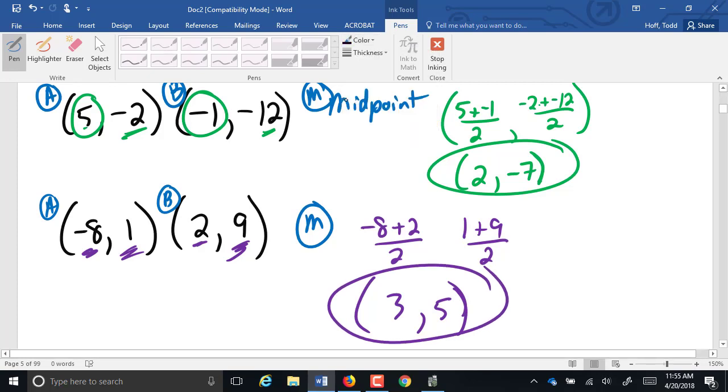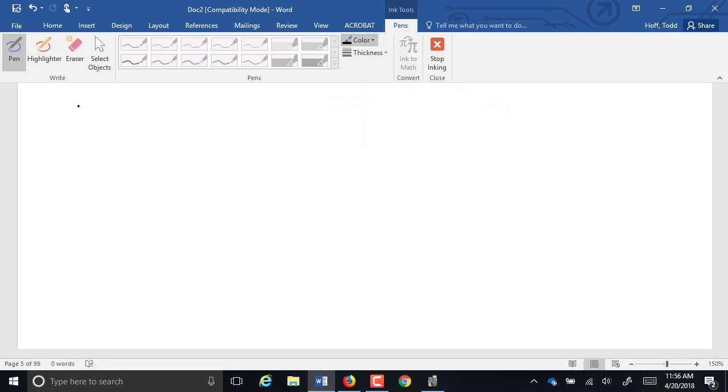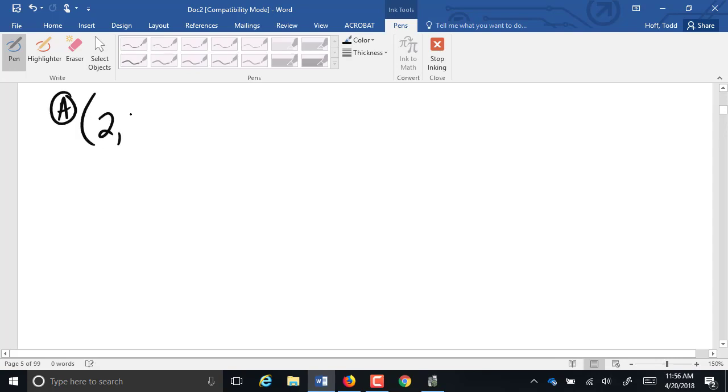Well, this formula is relatively straightforward and easy to use. Where it gets more difficult is if we're asked to go in the other direction. Instead of being given both endpoints and being asked to find the midpoint, let's say we were given that the first endpoint is 2, 7.